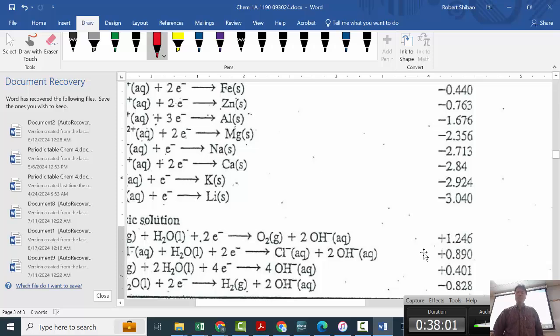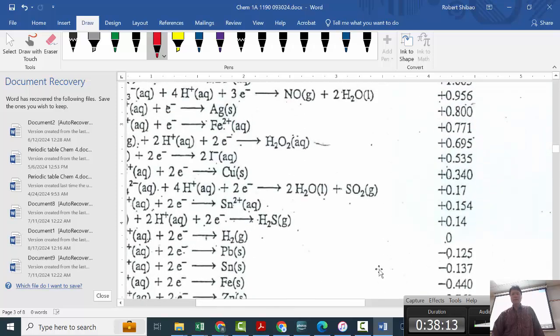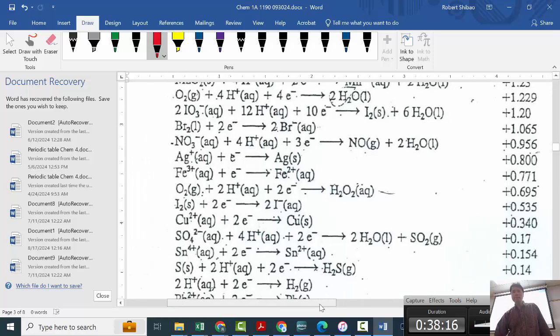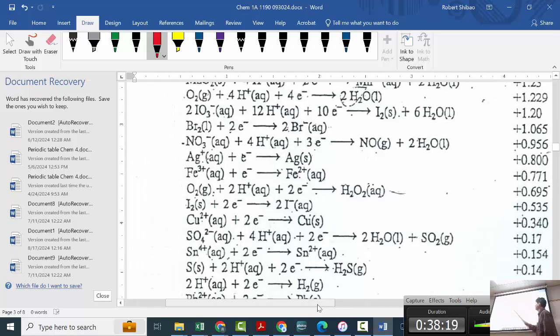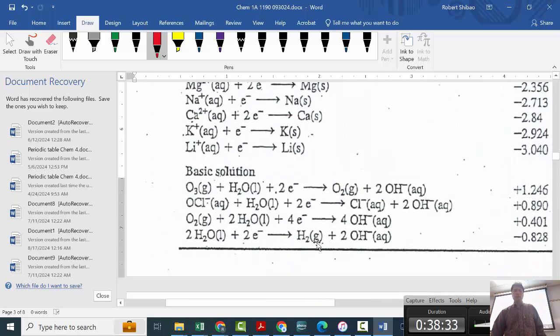Somebody is making bleach art by taking black cloth and using bleach to put drawings on it. Plus 0.89. So bleach is stronger than silver ions, but weaker than nitric acid or nitrate and acid. And so bleach falls in right about here, at 0.89. And then we have oxygen in base, we call it basic solution, and water.